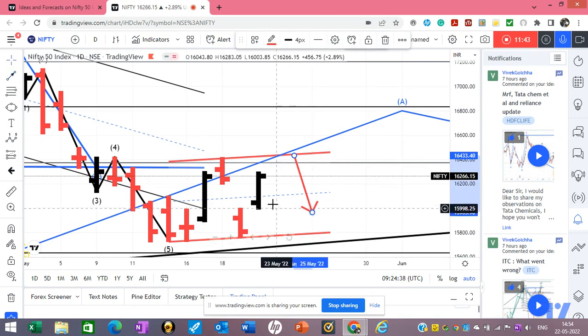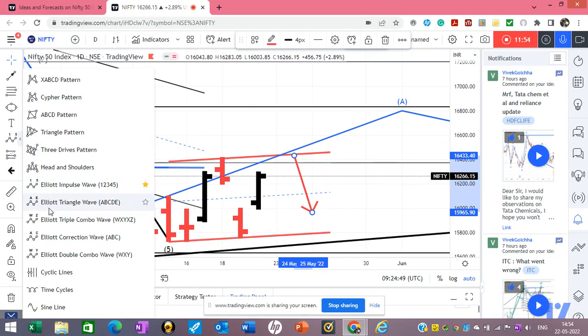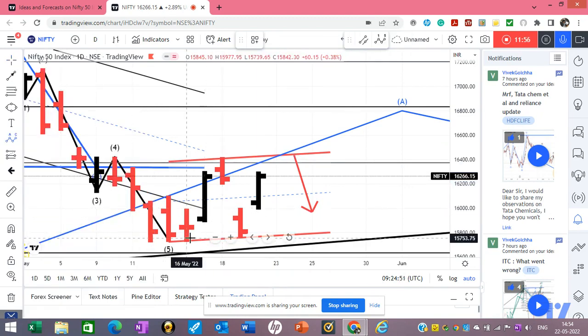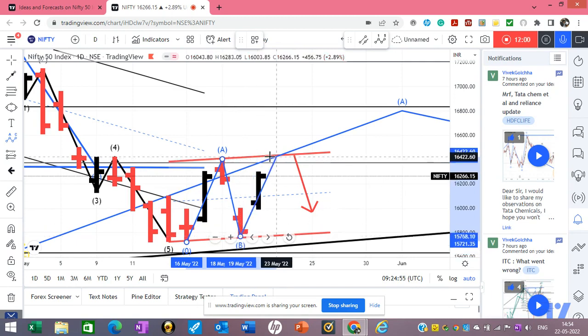Once it touches this upper channel, then I am expecting Nifty to go down, because this would be A, B, and C.